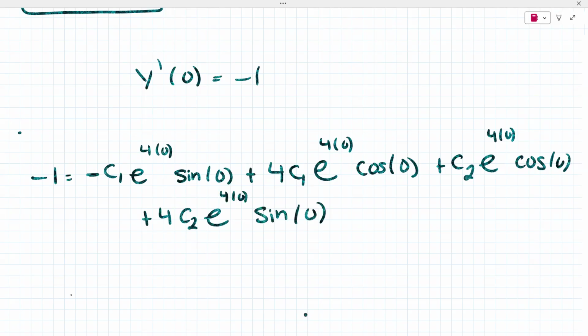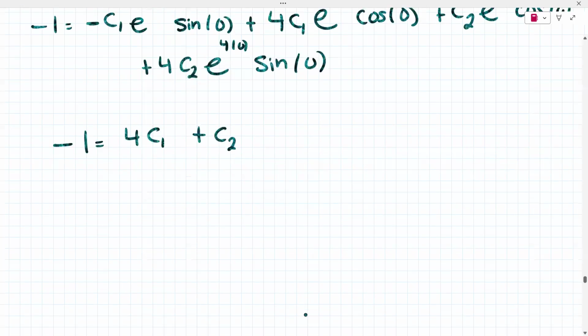So that's negative 1 equals 4 C1 plus C2, and C1 is negative 4.